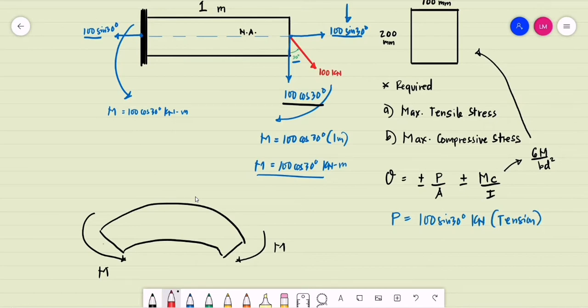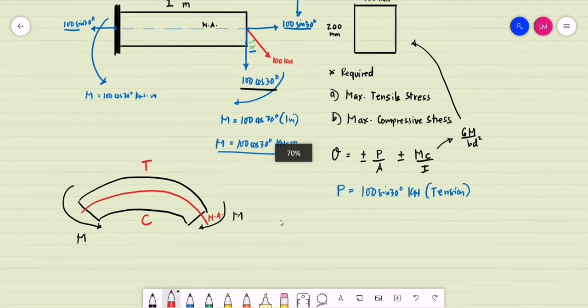Alright, so the beam will experience two stresses. Let's say this red line is the neutral axis. All fibers above the neutral axis will experience tensile stress, and all fibers below the neutral axis will experience compressive stress. That is for the bending stress. So what is the magnitude of the moment for our combined stress?